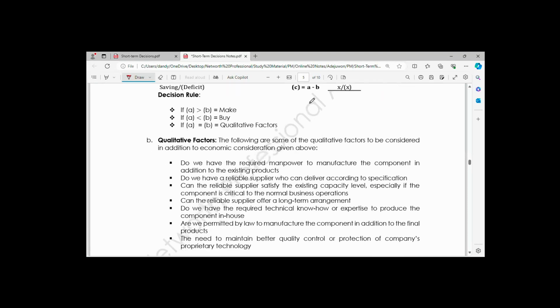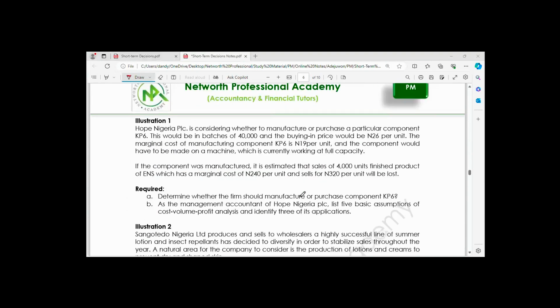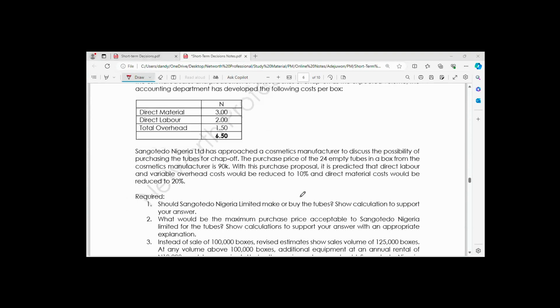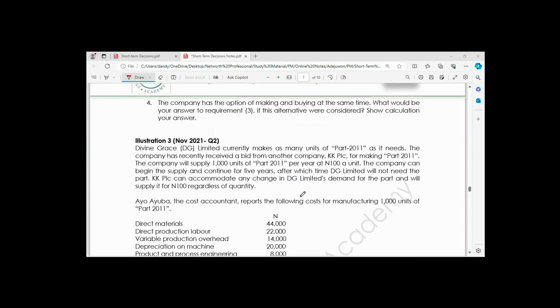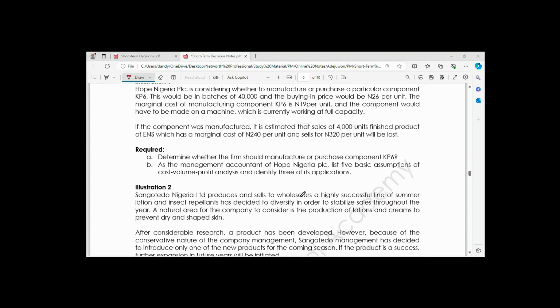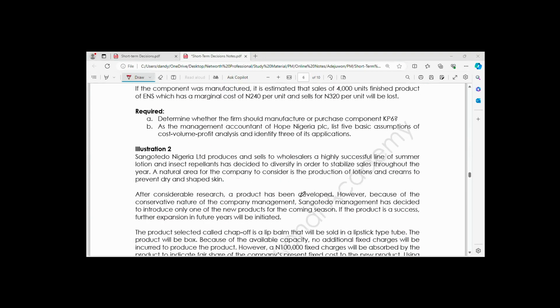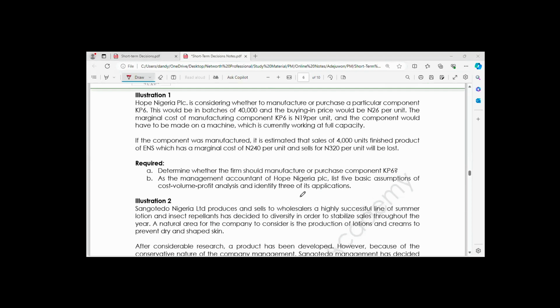So let's move to illustrations. Okay, let me see. There are only two questions we are going to solve. This number one.